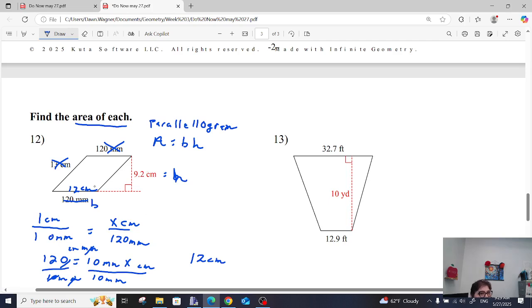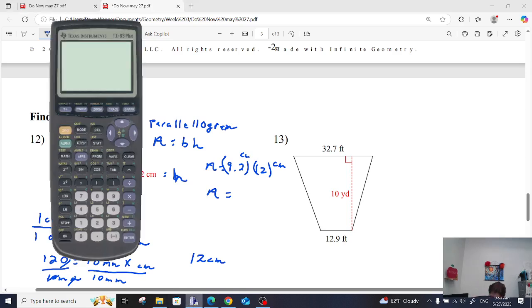Now that they're both centimeters, now I can figure out area. I substitute in: area is equal to 9.2 times 12. And of course, this is centimeters, which means I'm going to have centimeters squared. Area equals, what is 12 times 9.2?